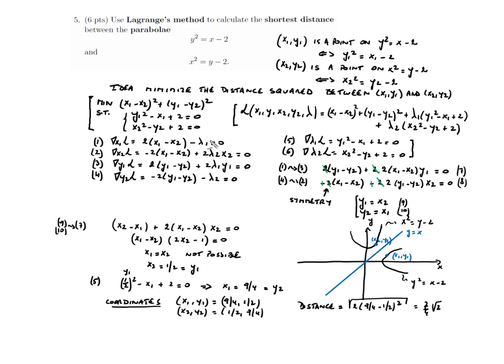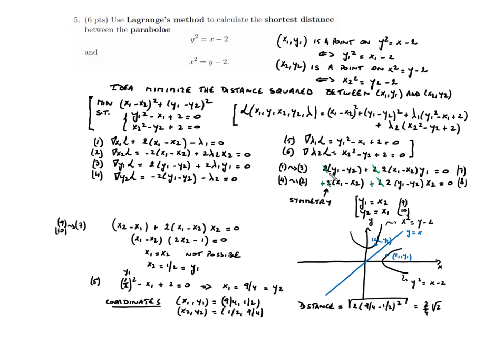We have to set those partial derivatives to 0. So here you can obtain lambda 1, and you can inject it in the third equation, and this is what you'll obtain. And you can isolate here lambda 2 from the fourth equation and inject it in the second equation, and this is what you obtain.